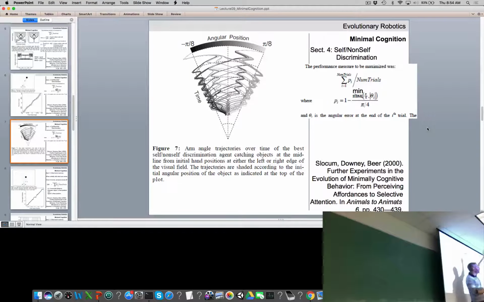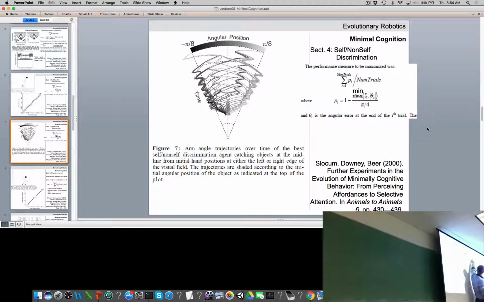We know that the object was placed at minus pi over 8, so to the left of the robot. The light shading corresponds to the light shading up here. That means they then took the robot's arm and dragged it to plus pi over 8. So the object is up to the left, and the arm has been dragged to the right. They drop the object and turn on the robot's CTRNN, and the arm starts moving.